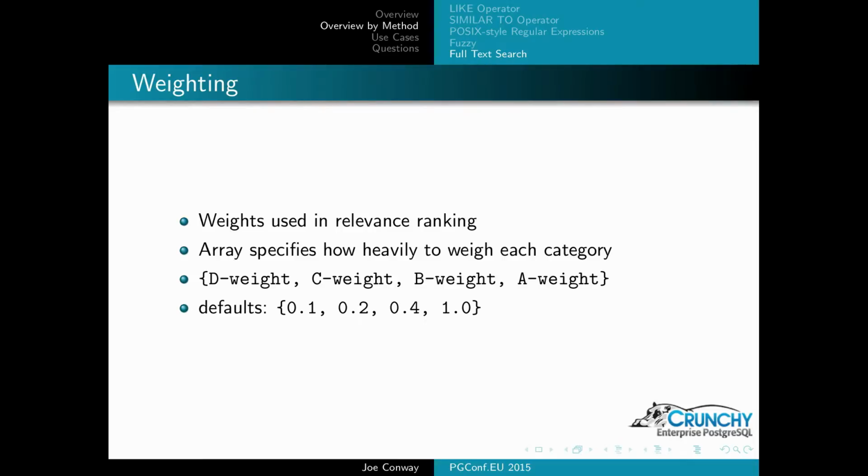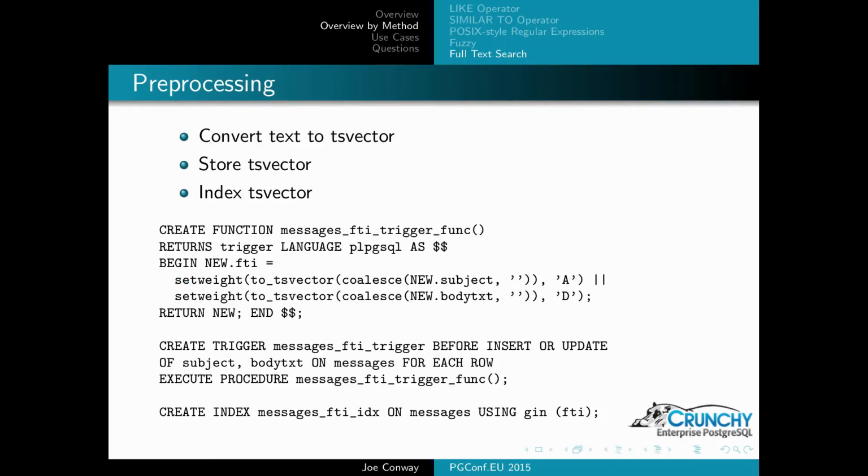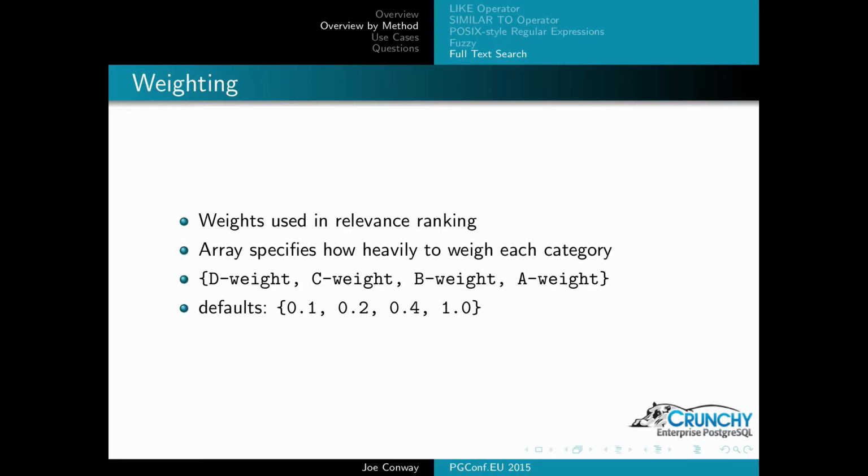That means whatever is matched to the A has 10 times the effect as whatever matches to the D. And if we go back to here, you'll see that the subject I've said is an A weight, and the body is a D. So that's how I'm saying that matches in the subject are more important. But I can actually change the default weights to something else if I need to.